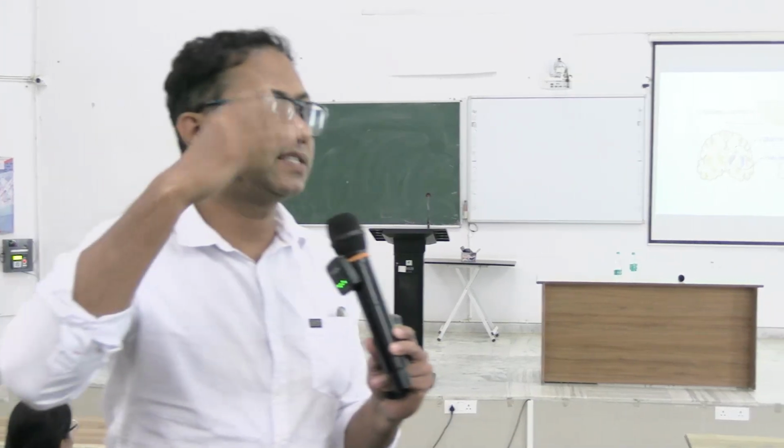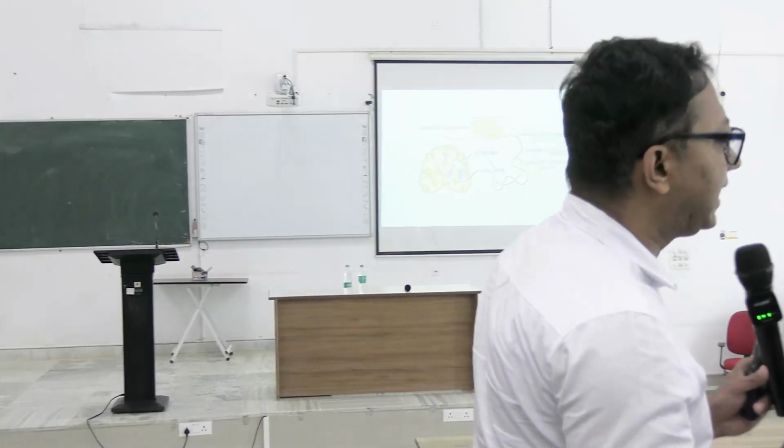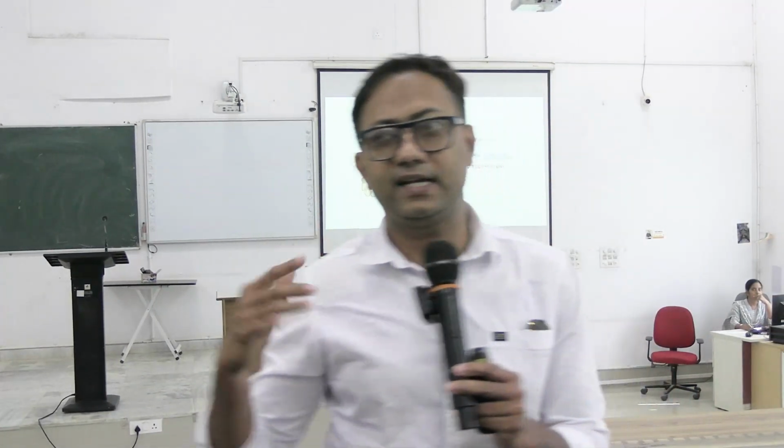In the direct pathway, basal ganglia sends connection to cerebral cortex directly. In the other, basal ganglia sends neurons to cerebral cortex, but not directly; there are some stations in between. So, we call it indirect pathway.